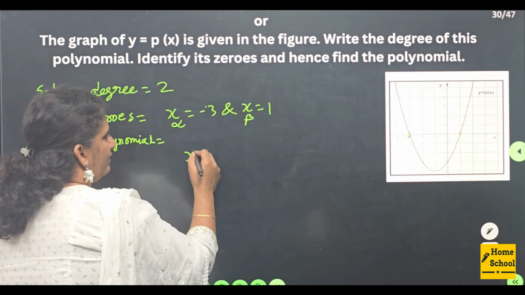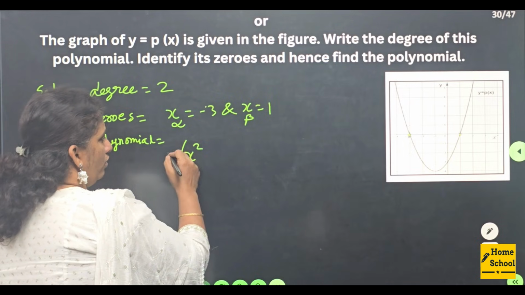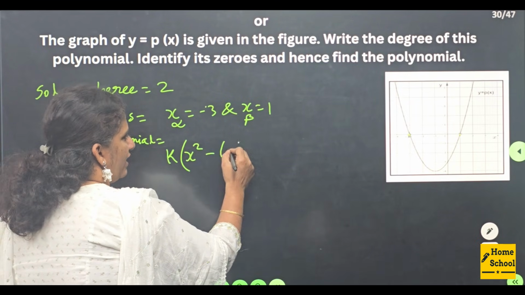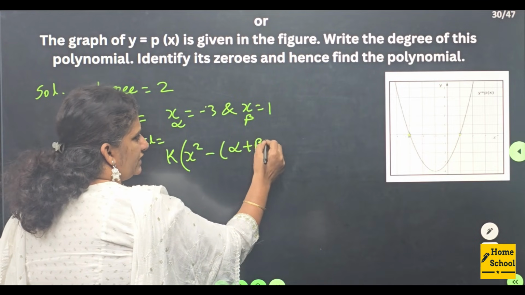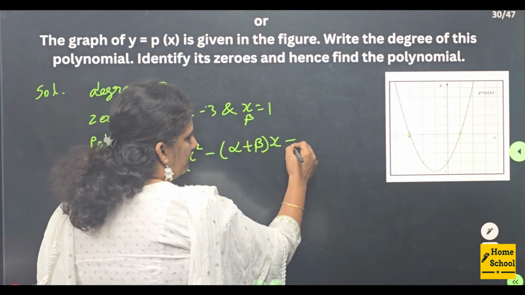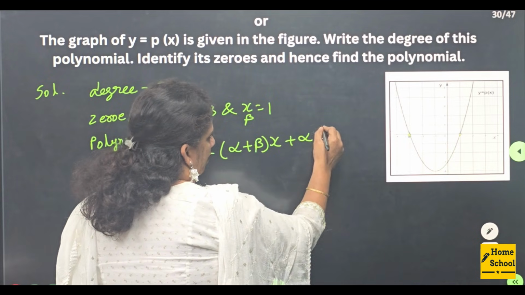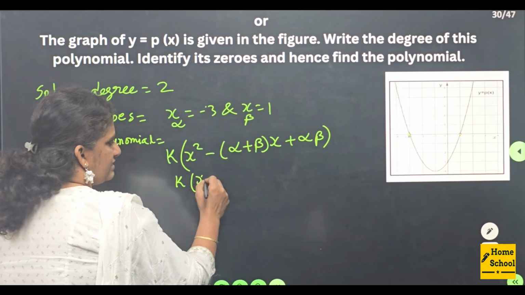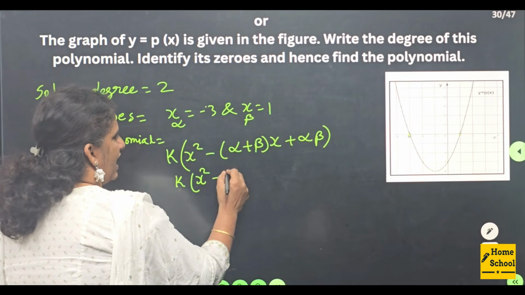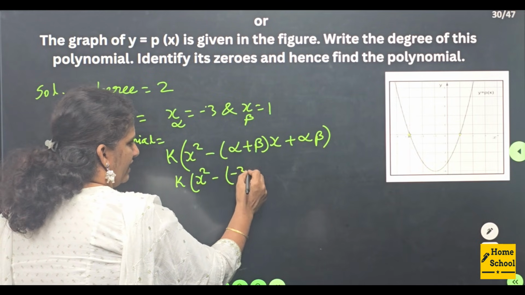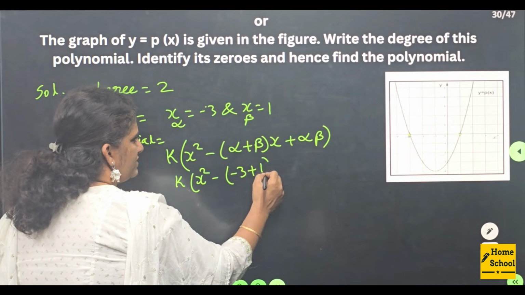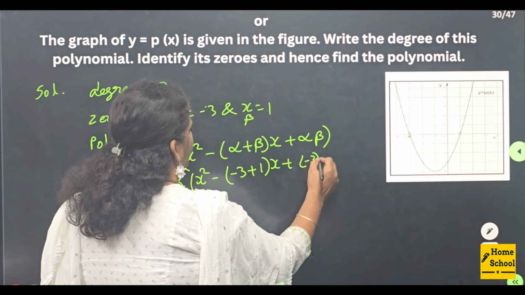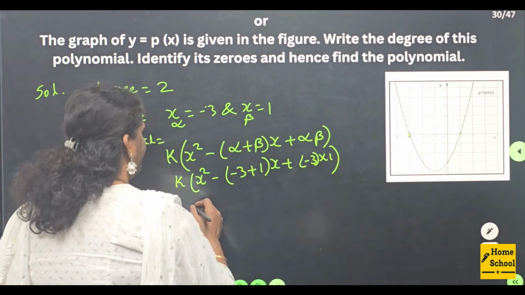How do you get the polynomial? We know we have the formula k into x square minus sum of zeros into x plus product of zeros. K into x square minus (alpha value is minus 3 plus beta value is 1) into x plus alpha into beta, minus 3 into 1.